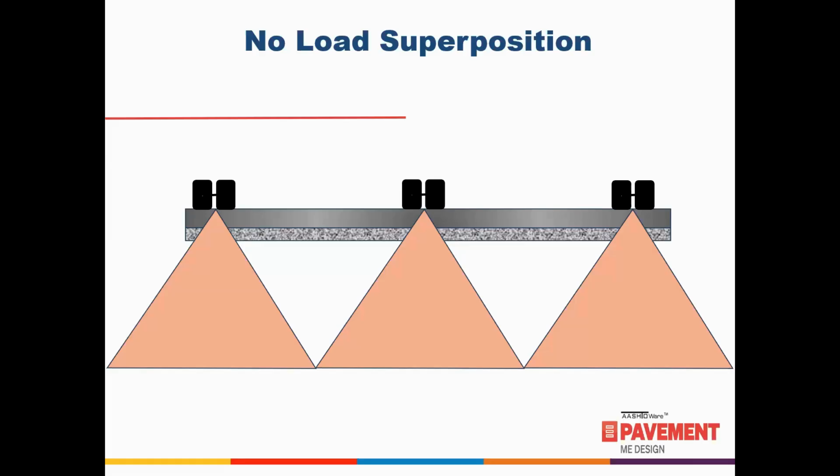Again, you can do single tires with the special traffic module, but until they're really close to each other, they're not really going to have a cumulative effect within the bound layer itself. It's typically going to be more in the unbound granular layer, or stabilized subgrade, or deeper into the subgrade, where the strain accumulation is going to be compounded by that.